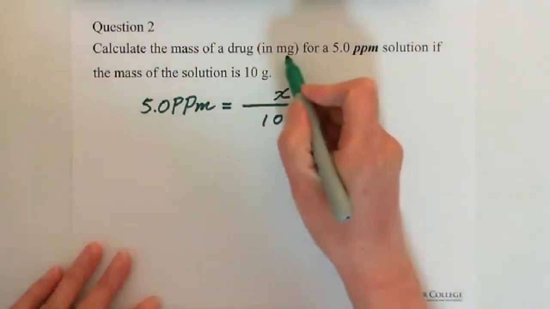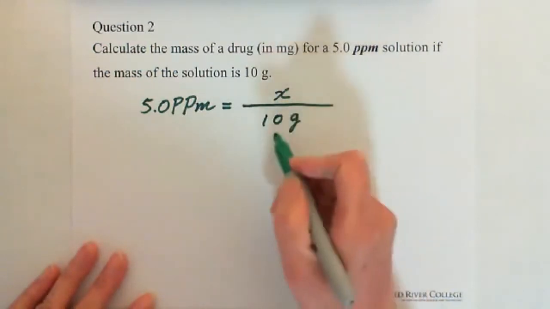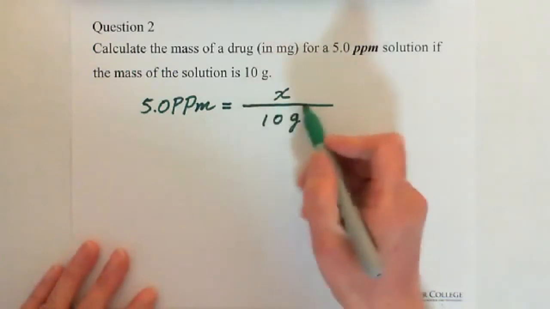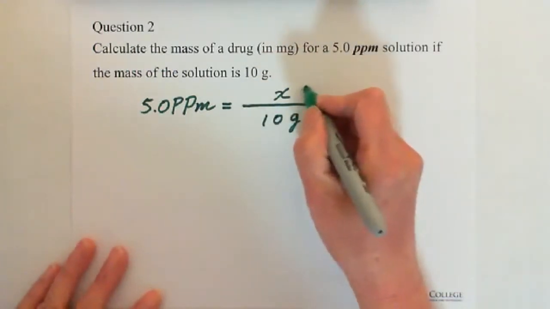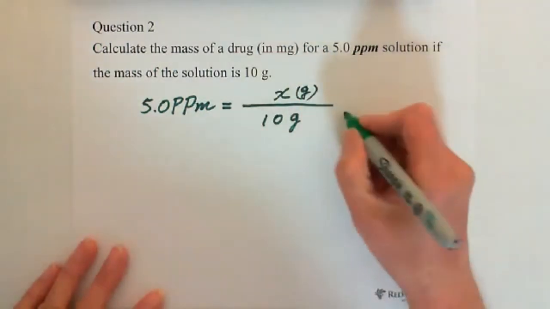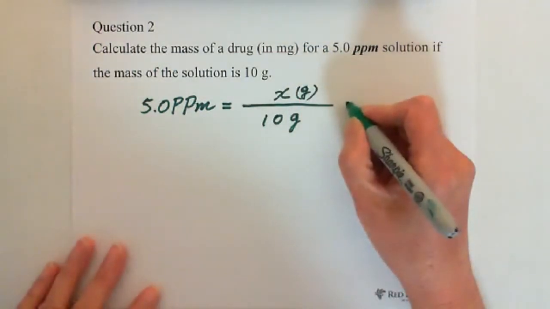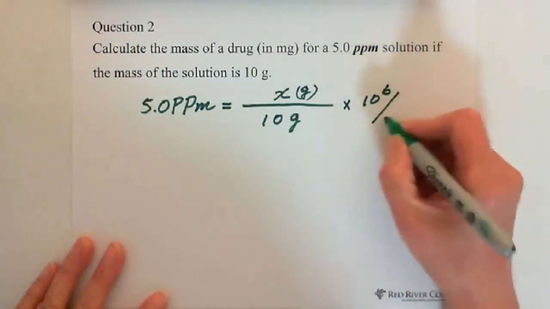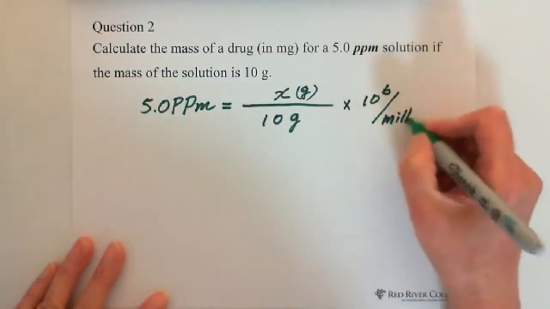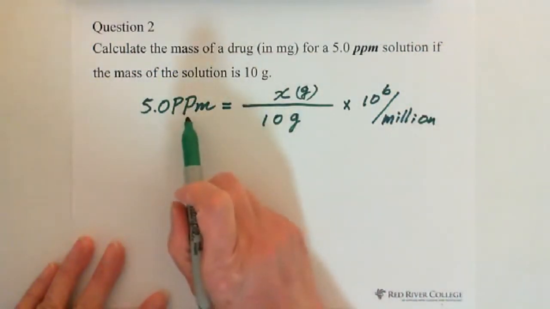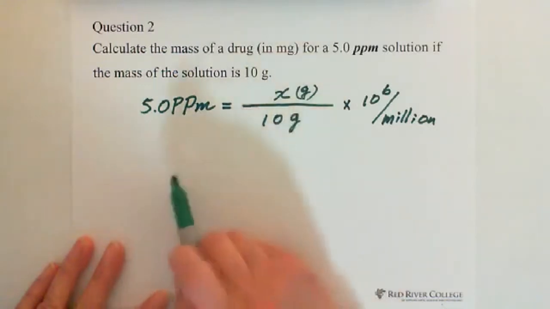Even though we're looking for milligrams, the 10 grams is the solution, so we first keep it in the same unit. Then multiply 10 to the 6 per million. This is exactly following the formula. You just plug the numbers in, leaving the X.